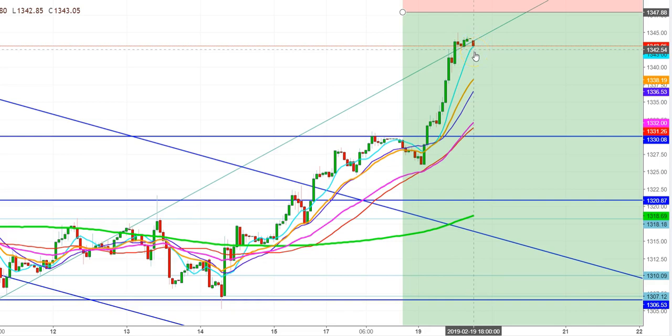So I find a downward move below the level of $1337 in next few hours will confirm the continuation of a downward move in gold futures, and I find a move below the level of $1330 will indicate the continuation of a downtrend in gold futures.